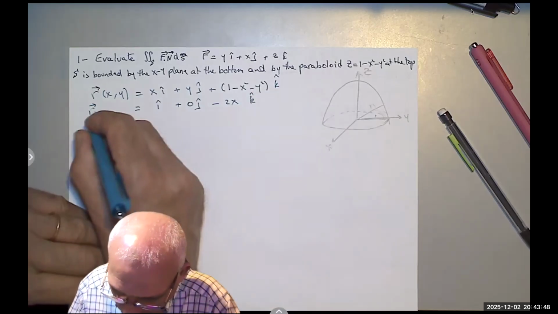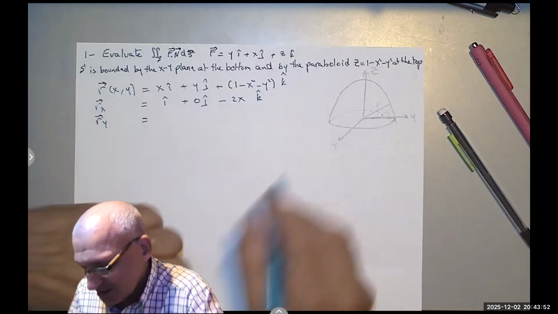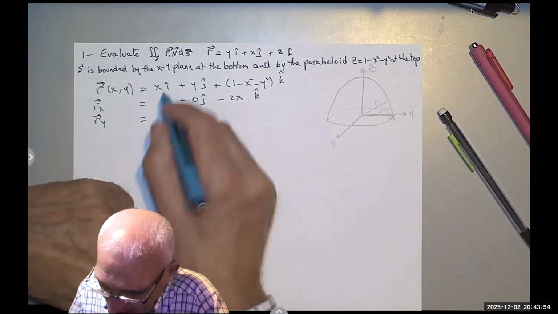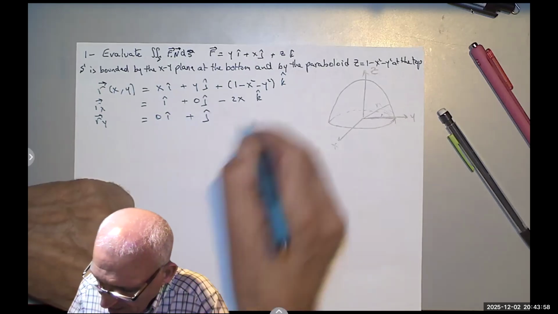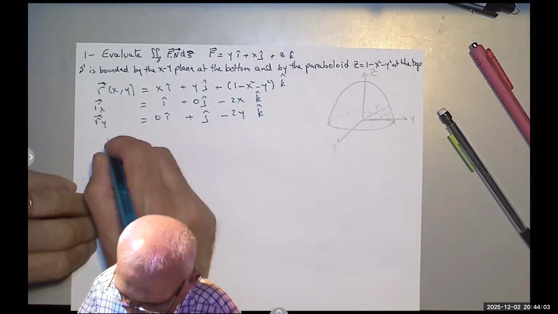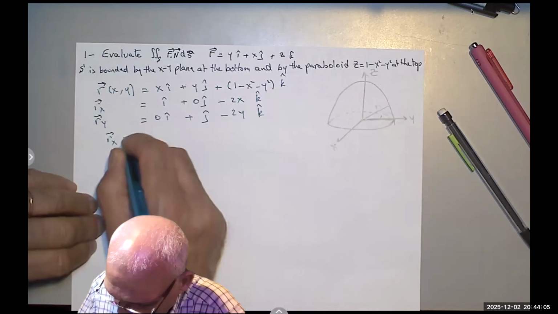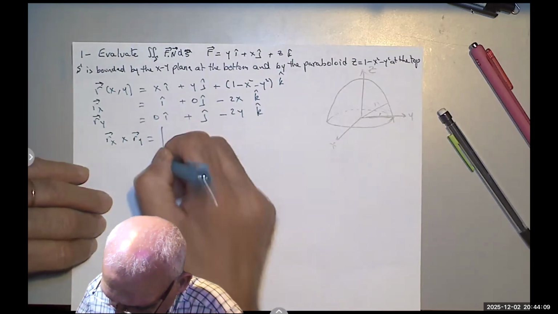And when I do r sub y, meaning the partial derivative with respect to y, I get 0i plus j minus 2y k.